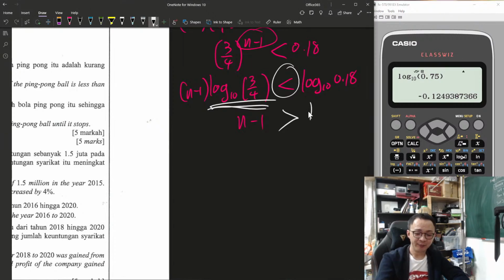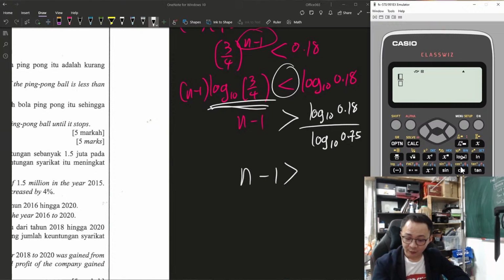So this one will be log 10 of 0.18 over log 10 of 0.75. Okay, so yeah, I solve this one: log 10 0.18 over log 10 0.75.